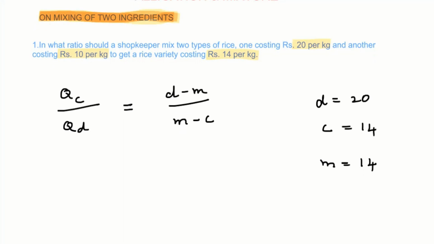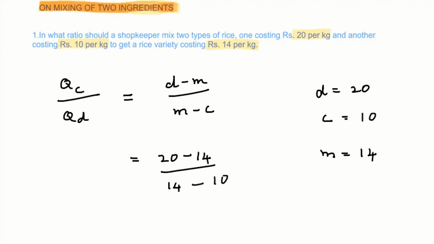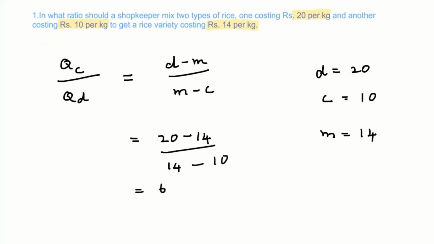So if I substitute here, I get 20 minus 14, that is D minus M, by M minus C. M is 14, cheaper price is 10 rupees. So it is minus 10. So I get 20 minus 14 is 6 by 4, and the ratio in the simplest form is 3 by 2.